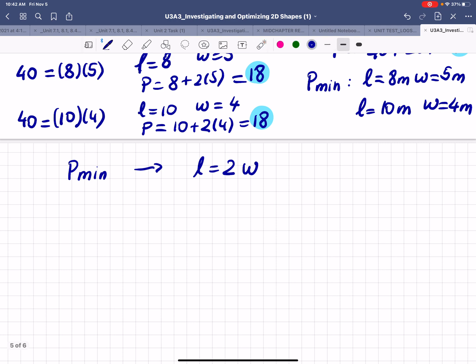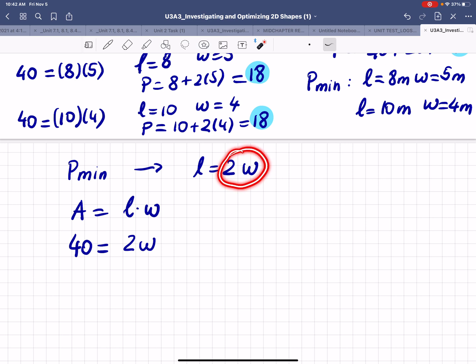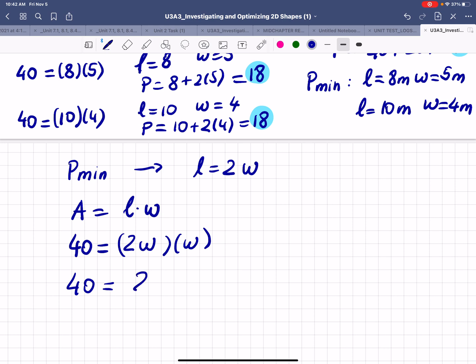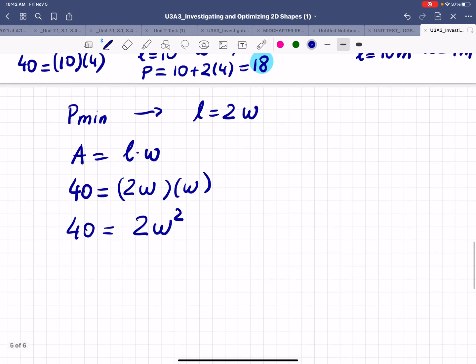So we're going to say that with an area, length times width, equal to 40, so area equals 40, if we substitute length by 2w, because that's the relationship we want between length and width to minimize the perimeter, times w, it means that 40 must equal 2 times w squared.